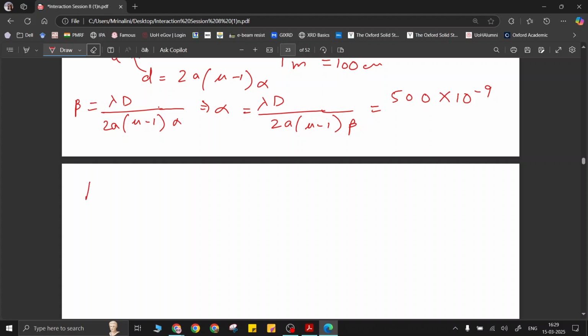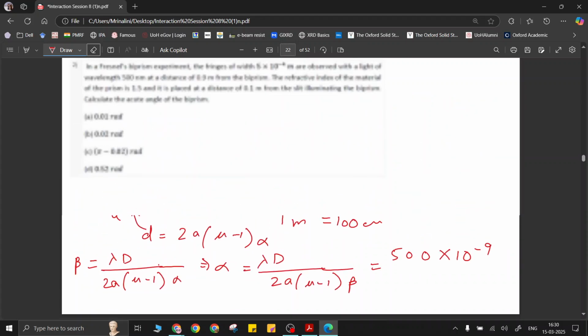So alpha will be lambda D. Lambda is 500 nanometer, that means 500 times 10 to the power minus 9 meters, and D is 1 meter, divided by 2. A is 0.1, right?